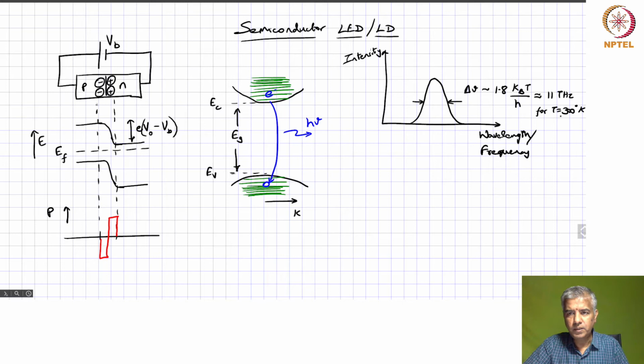So 11 terahertz. What does that mean? If you are doing this at 1550 nanometers, 100 gigahertz corresponds to about 0.8 nanometers. So 1 terahertz will be 8 nanometers. So 10 terahertz or 11 terahertz, let's say, corresponds to roughly 80 to 90 nanometers.